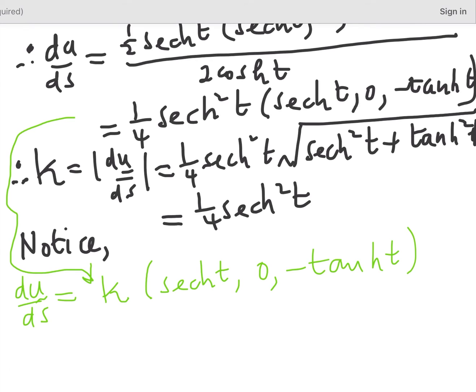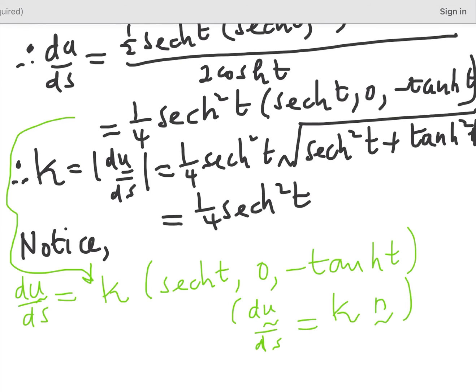The unit normal that we defined earlier on has exactly this form. So we know that du ds is in fact equal to the curvature times the unit normal.